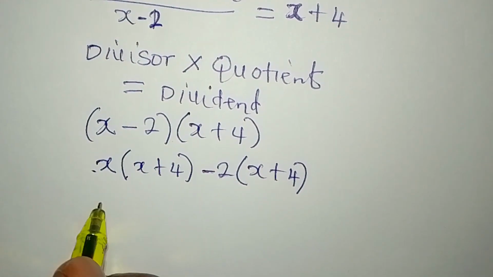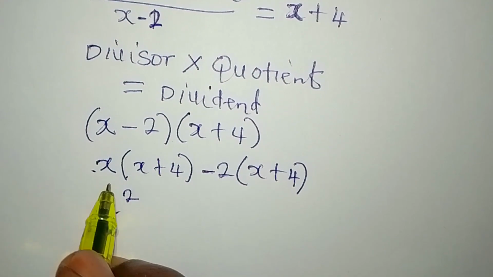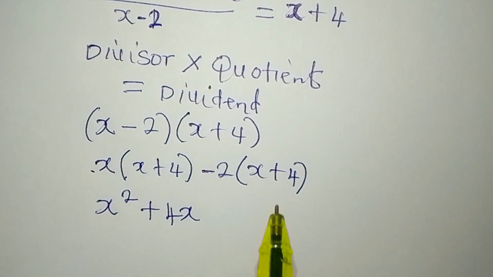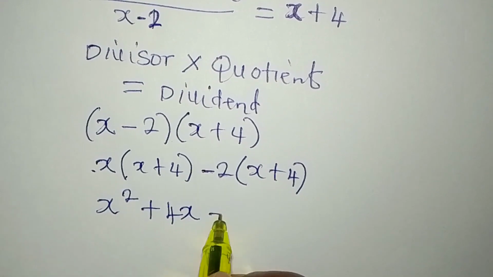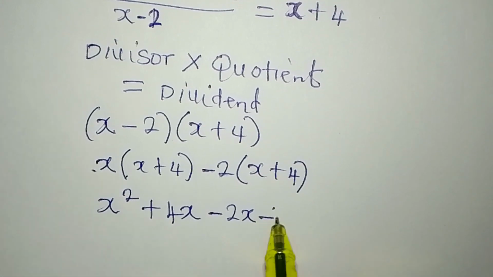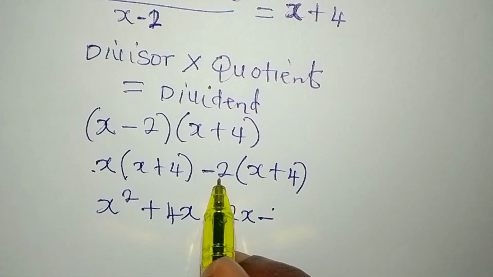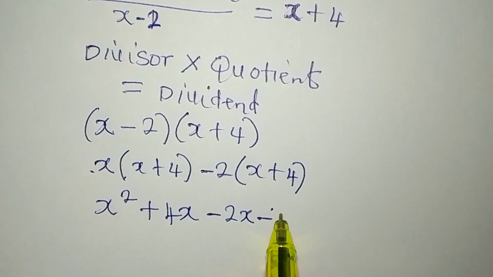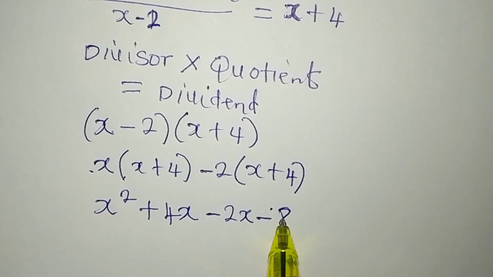Now x times x is x squared, x times 4 gives plus 4x. Then minus 2 times x is minus 2x, and minus 2 times 4 will give us minus 8.